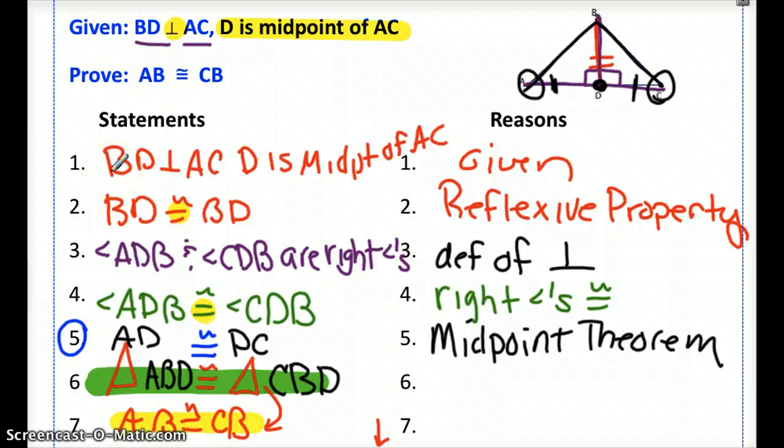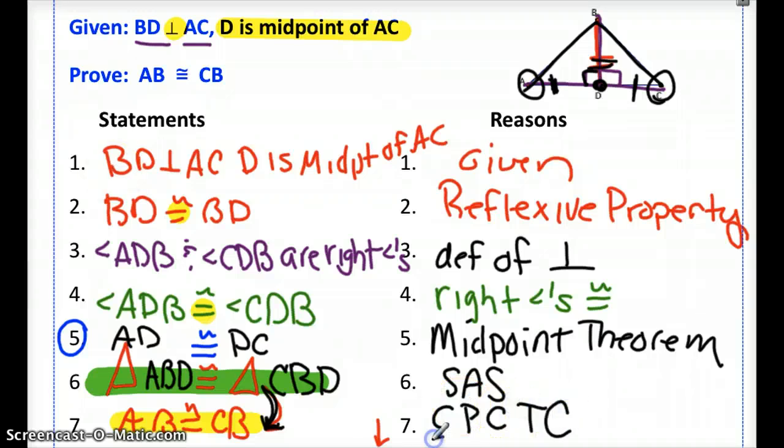What is your triangle congruency postulate or triangle congruency test going to be? That's side, angle, side. If your triangles are congruent, then the parts of the triangle are congruent. That's the CPCTC. Corresponding parts of congruent triangles are congruent.